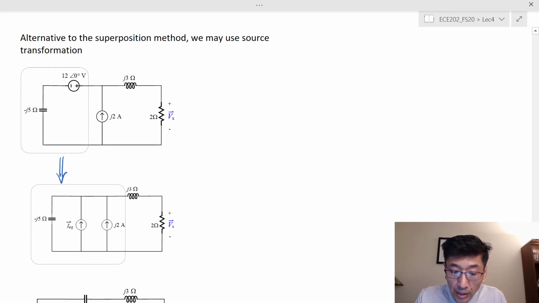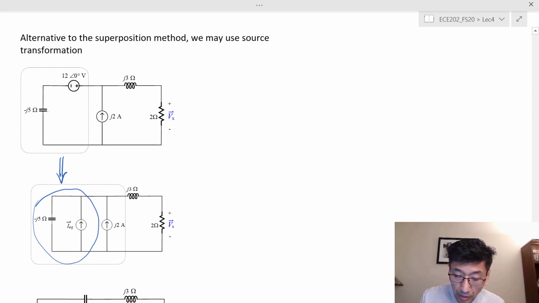In this case, the source here will become, the series voltage source and impedance will become a parallel current source and the same impedance. And now I have these two in parallel, right? I have these two current sources in parallel. I can add them up.